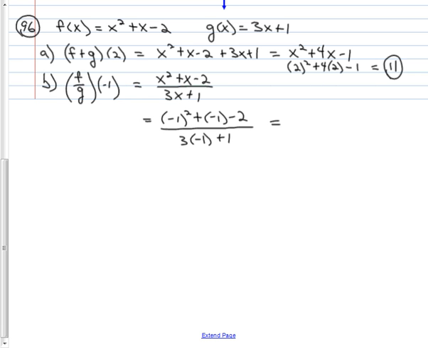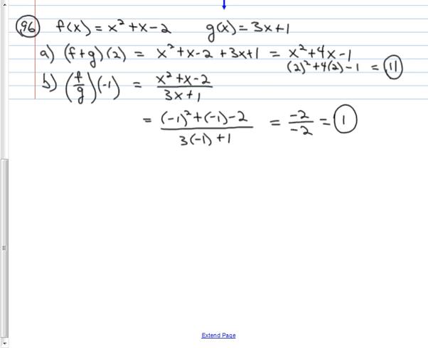Let's see, 1 minus 1 is 0, minus 2 is a negative 2 in the numerator. Negative 3 plus 1 is a negative 2 in the denominator. 1 when we're all done.